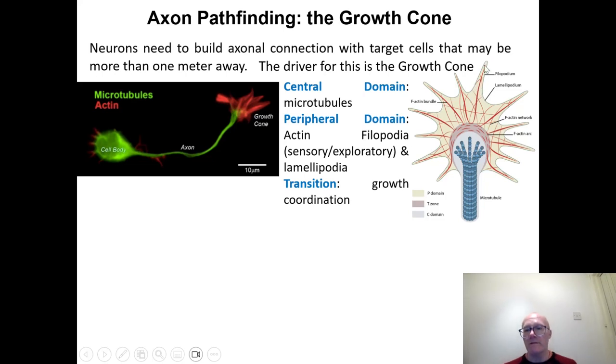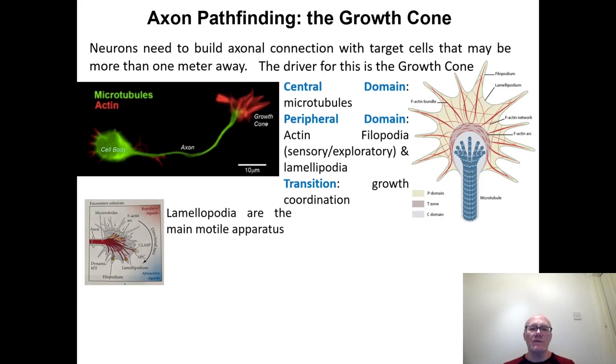So these filopodia, like the fingers of a hand, are made of actin, so they have a core of actin. And you also have a transition region where you have not yet organized actin filaments.